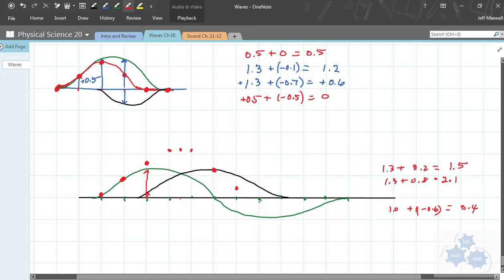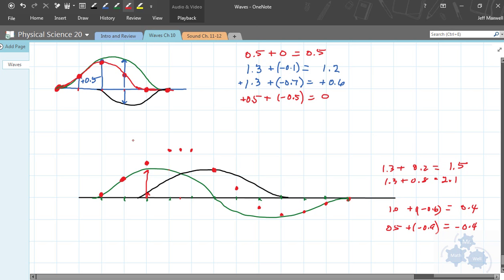This one, 0.5, and then negative 0.9. So 0.5 plus negative 0.9 is going to be negative 0.4. Right? And so then, of course, with no second wave, we just go along the wave like that.